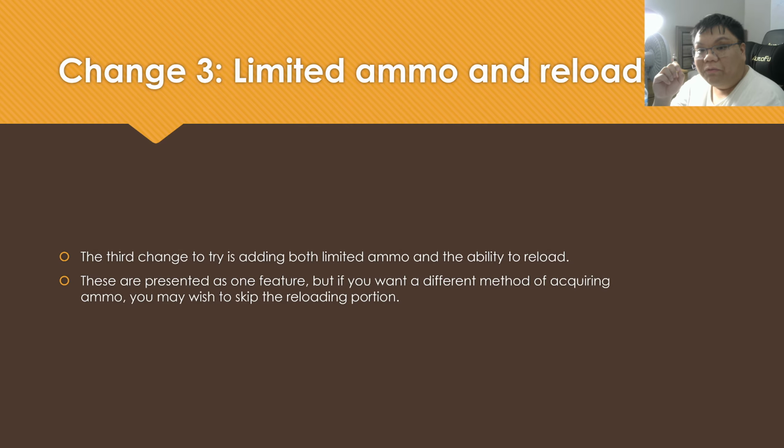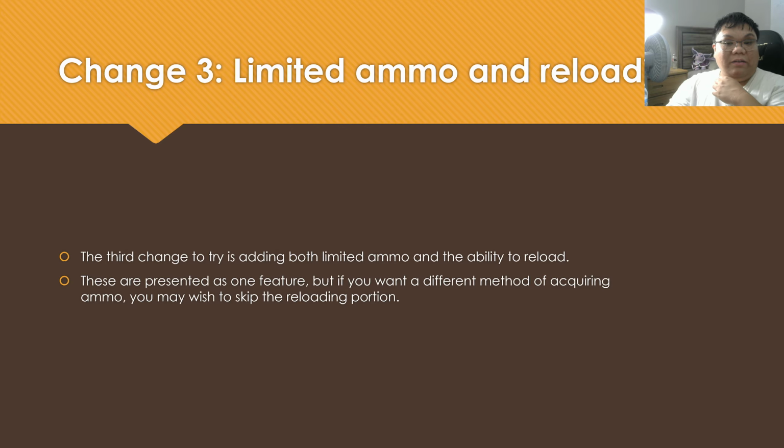We're going to have the player have limited ammo, and depending on how you want the player to reload or get new ammo, you might only need half the information for change number 3.